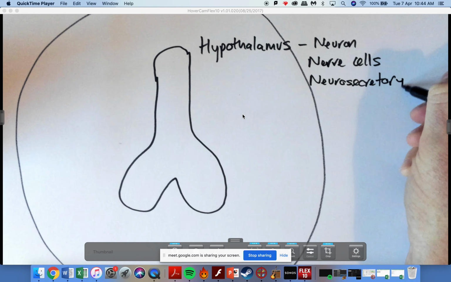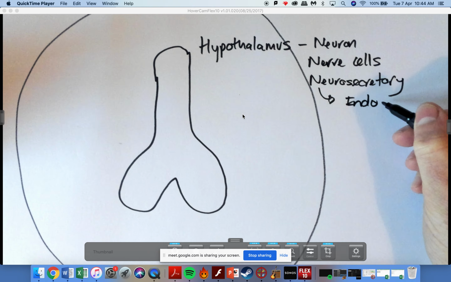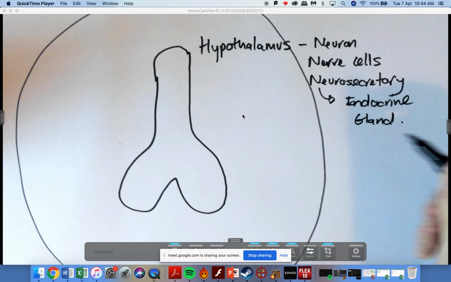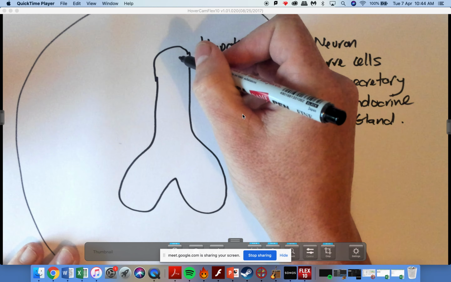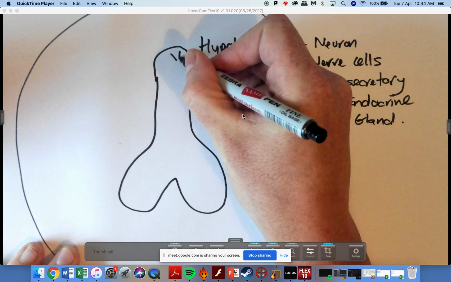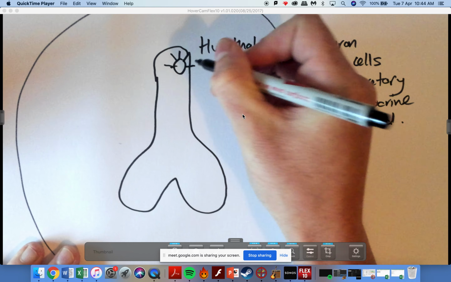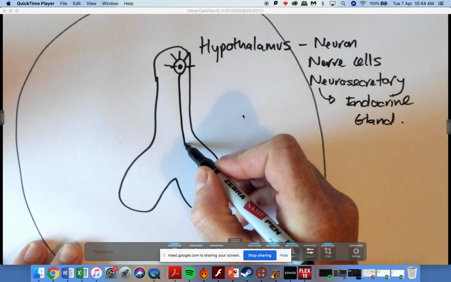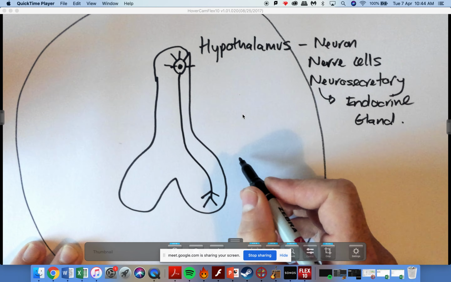So they're actually acting as an endocrine gland, although the gland function is really down here. So up in the hypothalamus, there's the start of nerve cells. These nerve cells have dendrites which reach out. I'm just drawing it like that. They've got a nucleus, and then it goes all the way down into the bottom region.